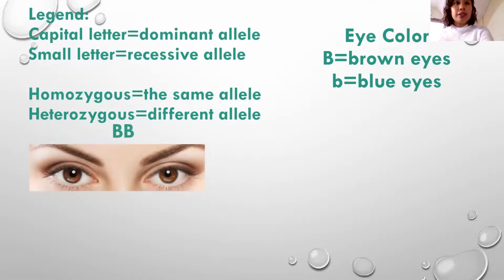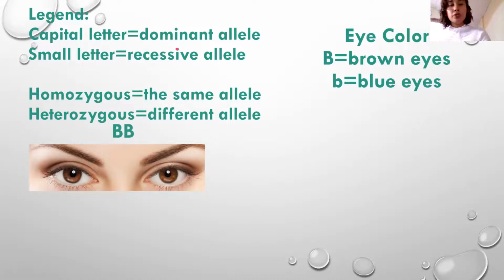So here, this woman has brown eyes. I assigned her, I'm not sure, but in our story I assigned her two letter B. Brown is what we see expressed because she has a homozygous dominant allele. Homozygous because both are the same, and both are capital letters.